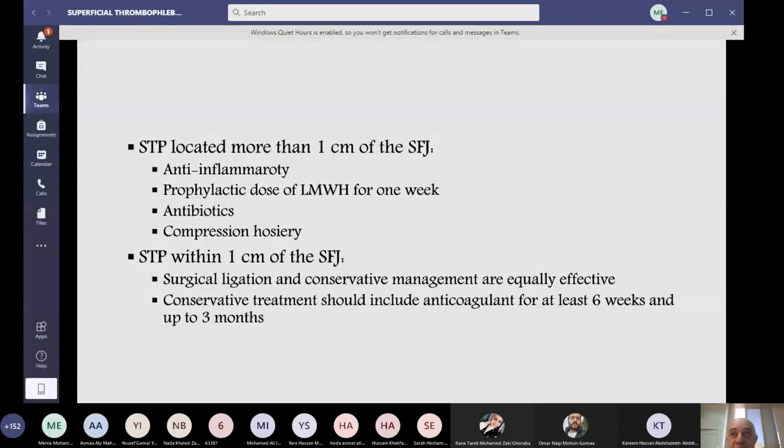Therefore, all of these patients should receive medical treatment, and there is no place for surgical ligation nowadays. Conservative treatment should include a suitable anticoagulant, usually oral anticoagulants, ranging from 6 weeks up to 3 months.